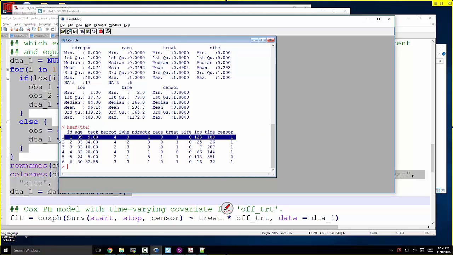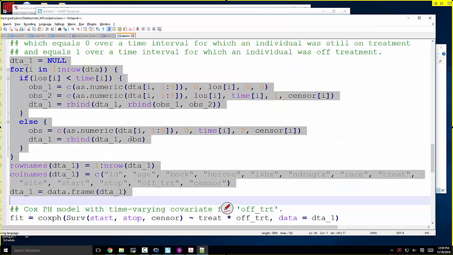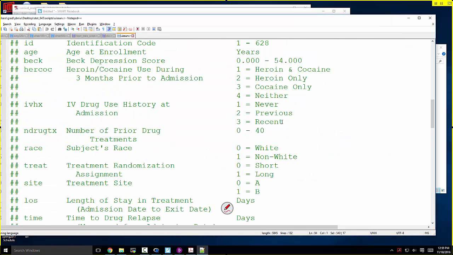This is a 39-year-old, guess we don't have gender, that's weird. 39-year-old person with a 9 on the depression score, has not used heroin or cocaine in the last 3 months. I forgot what that is. IV history means recent IV drug history use or drug use.